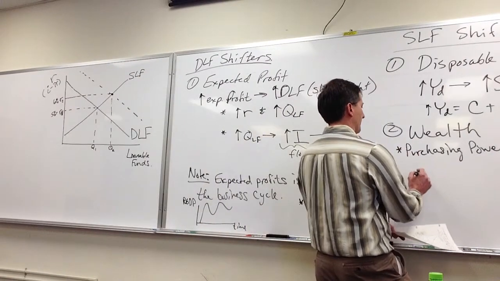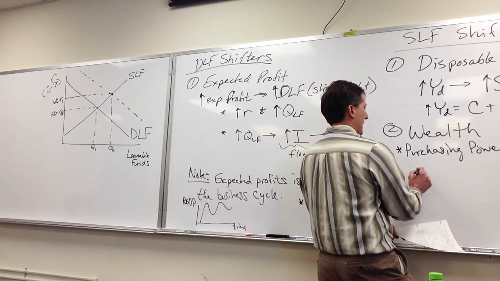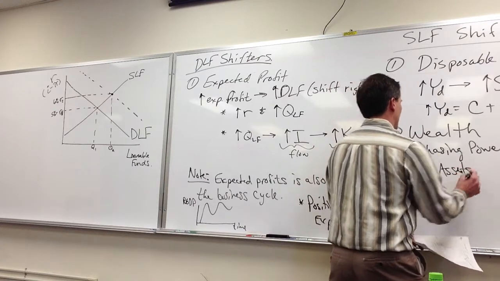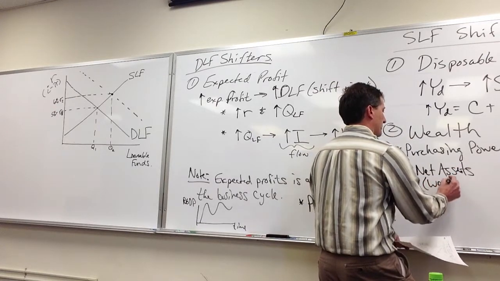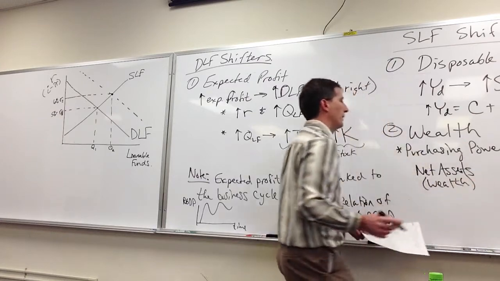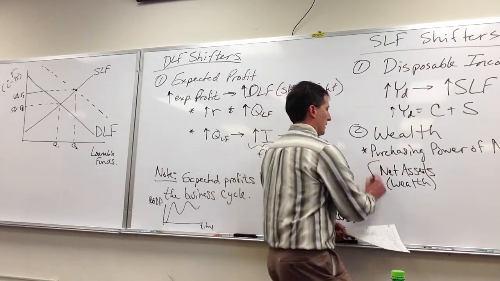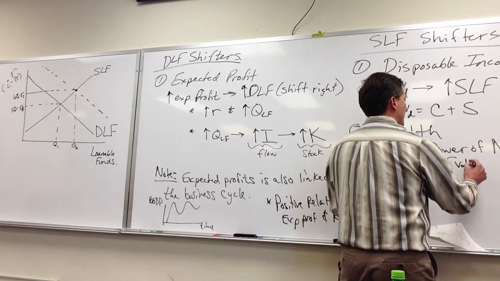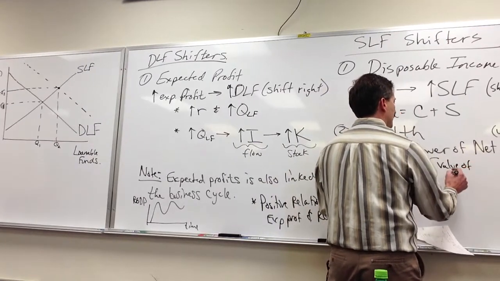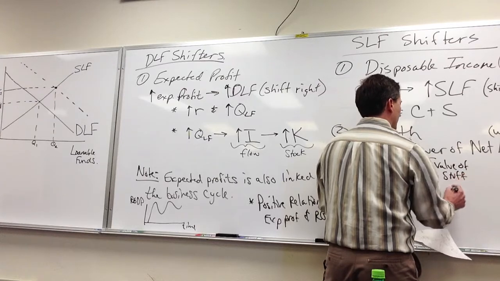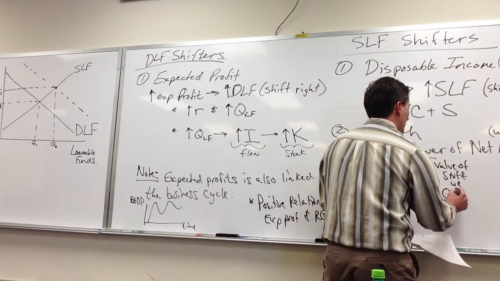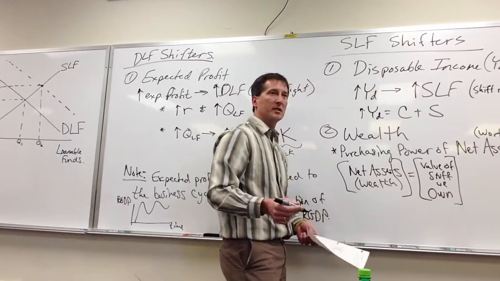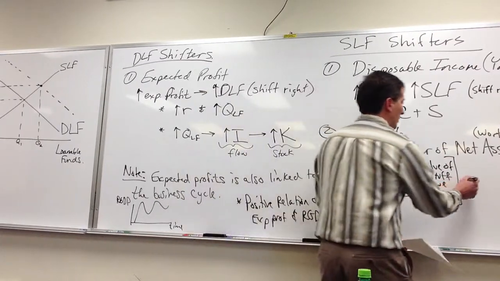So first of all, wealth, or net assets, let's put in parentheses here, wealth. Net assets are equal to the assets, the value of stuff we own, minus the value of stuff we owe.